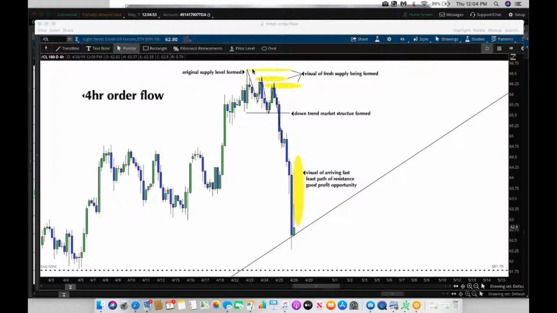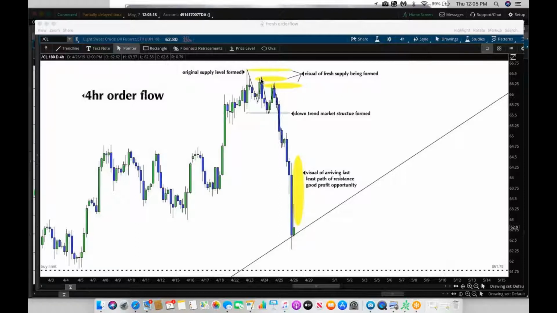Keep in mind that the levels of fresh order flow are pretty much your entries. If I noticed that this level of supply right here formed, and I marked that out with this yellow oval, now I know that this is a level of supply. When the market trended down and trended back up, it could not take this out, but it forms another level of fresh supply.